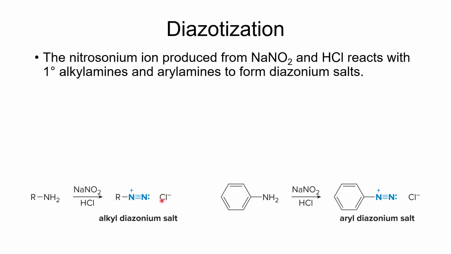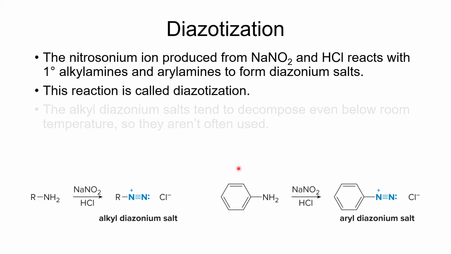And we need a counter ion, so whatever our acid was, the counter ion of that is going to be the counter ion of this, so it will be a diazonium salt. Now, we can either form alkyl diazonium salts, as in this case, or we can form aryl diazonium salts.